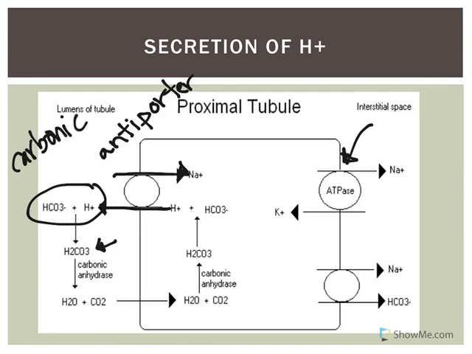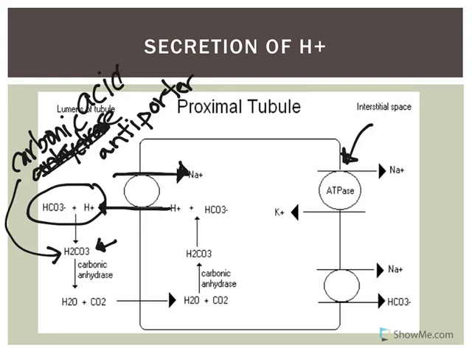Now this is taking place in that brush border. So we have an enzyme called carbonic anhydrase in that brush border. The carbonic acid is right there, and carbonic anhydrase catalyzes that reaction. Well, the carbonic acid will dissociate into water and carbon dioxide.